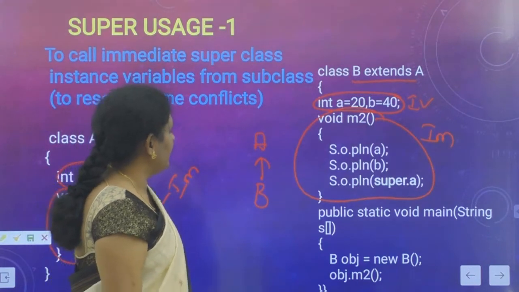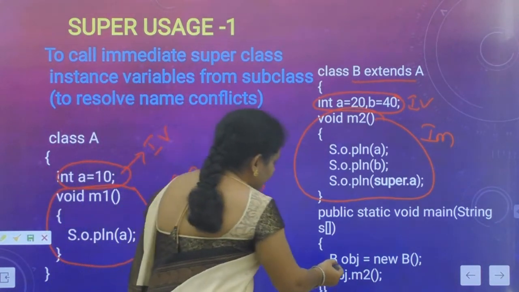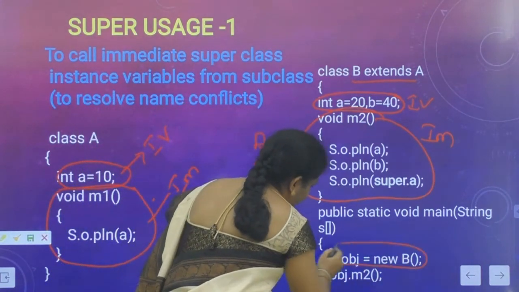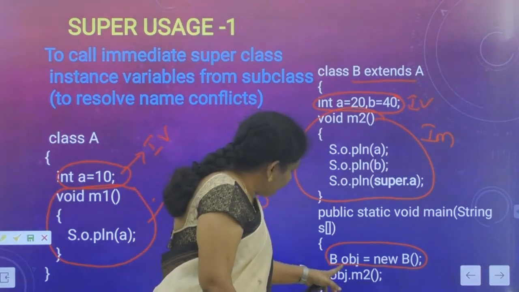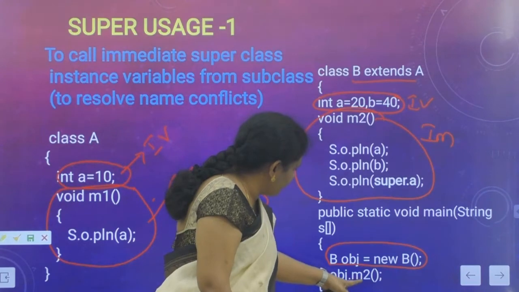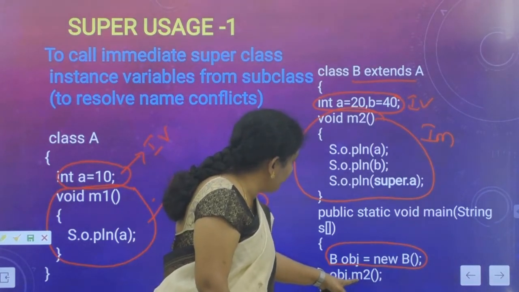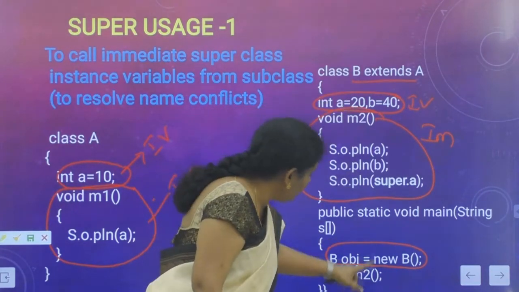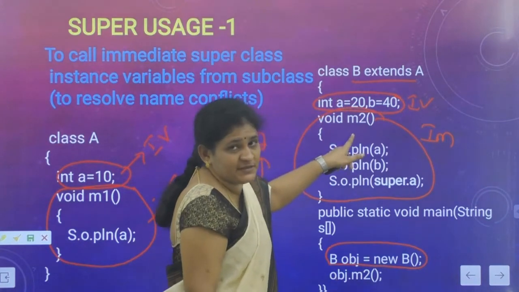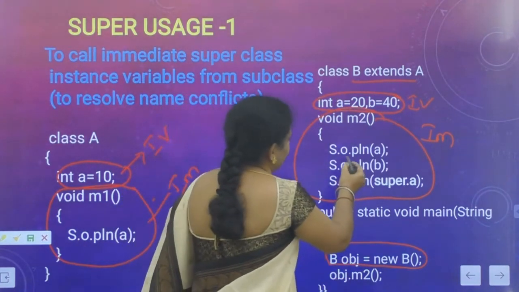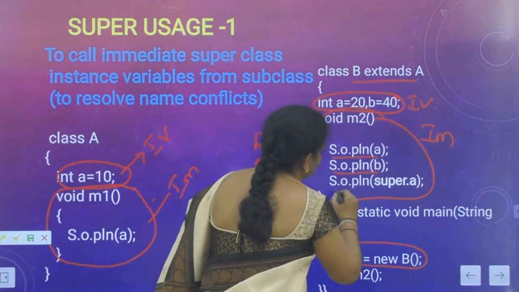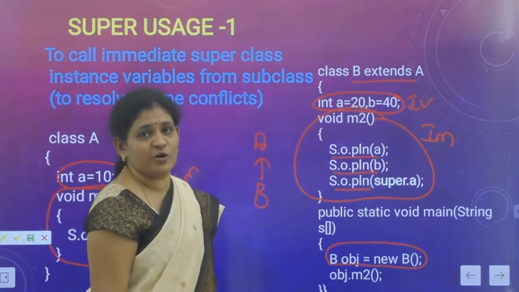If you observe here, I have created an object for class B, obj. With the help of this object, I am trying to call M2. M2 is a member of class B, so that method will get called. Inside that method, I have written 3 SOPs, System.out.println.